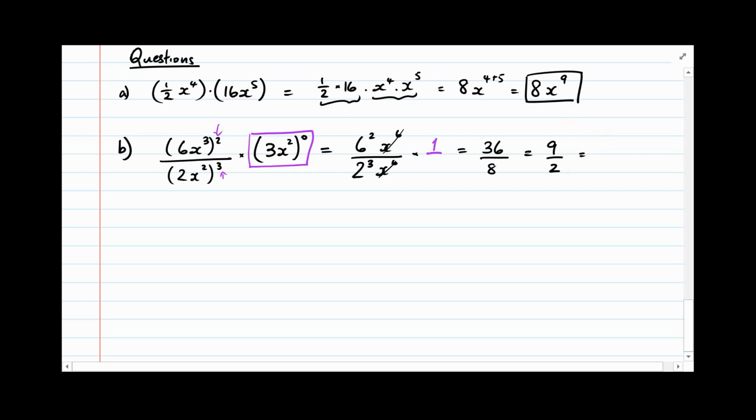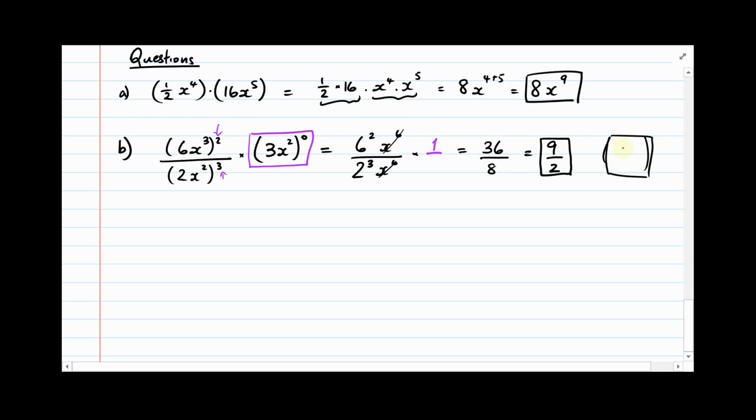As a general rule, we prefer leaving our answers as improper fractions when possible, rather than mixed numbers. So we'd rather not do the mixed number idea. I'm sorry, it wouldn't be 3.5, would it?